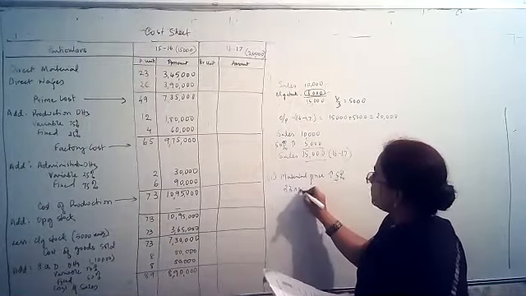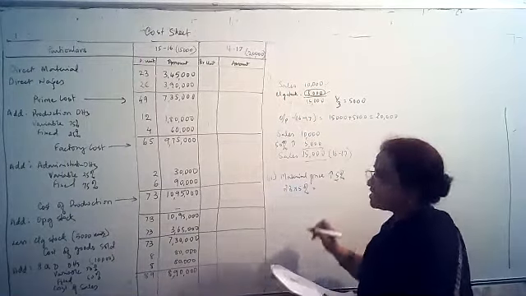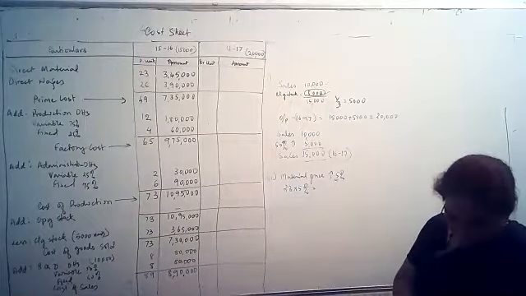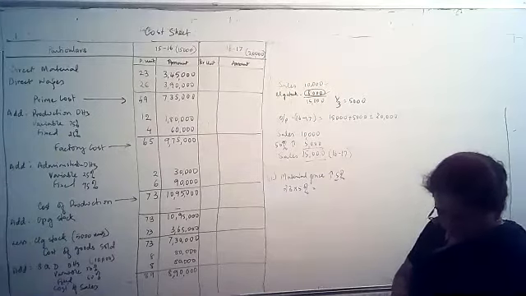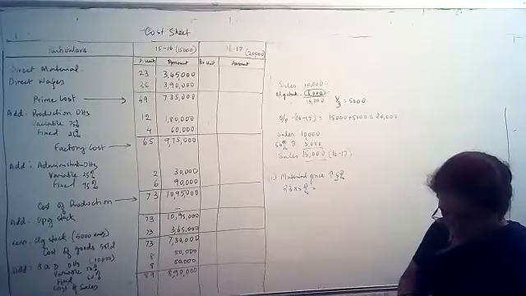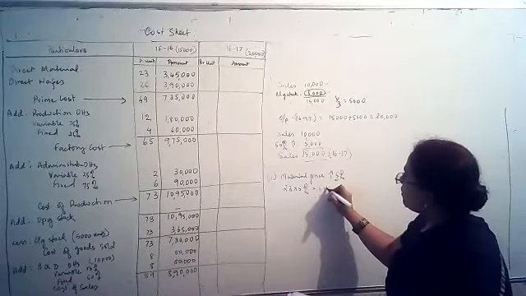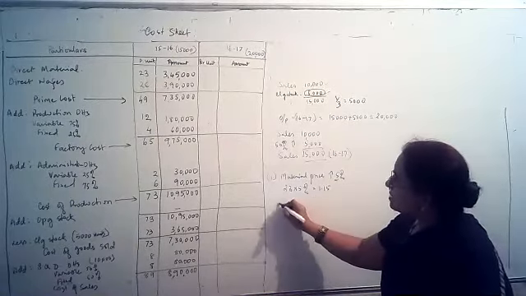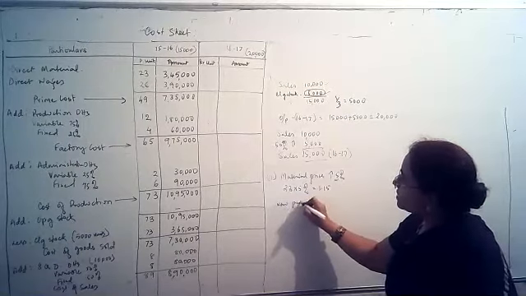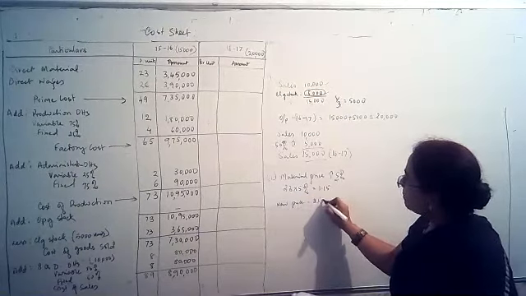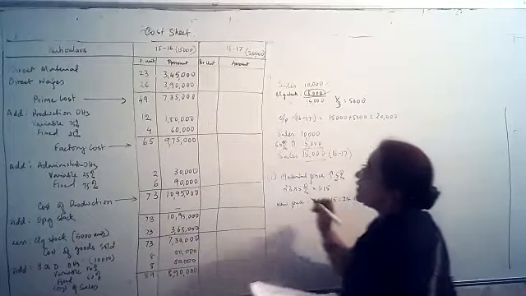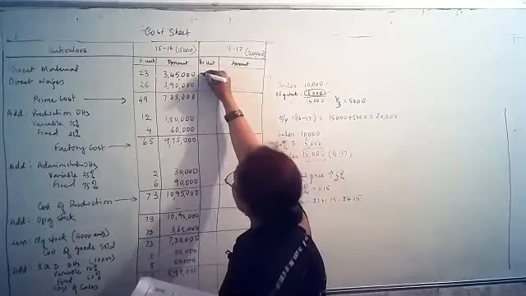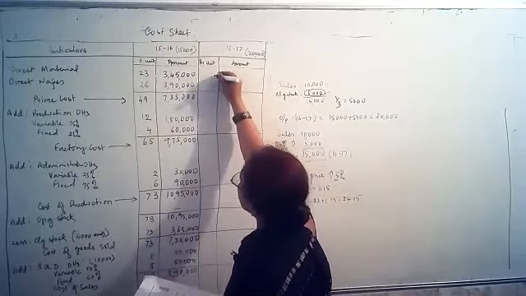How much is 23 into 5%? 23 into 5% is 1.15. So the new price is equal to 23 plus 1.15, which is 24.15. So write down here 24.15.